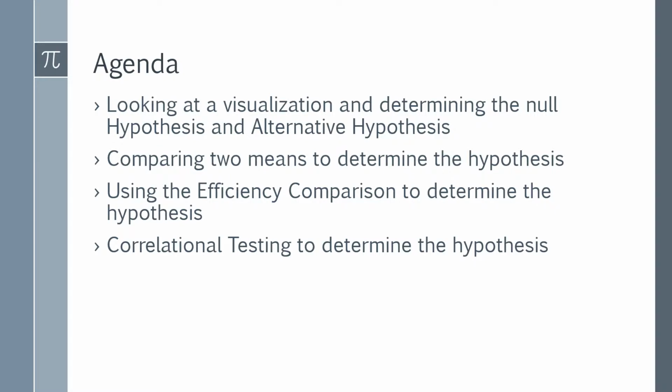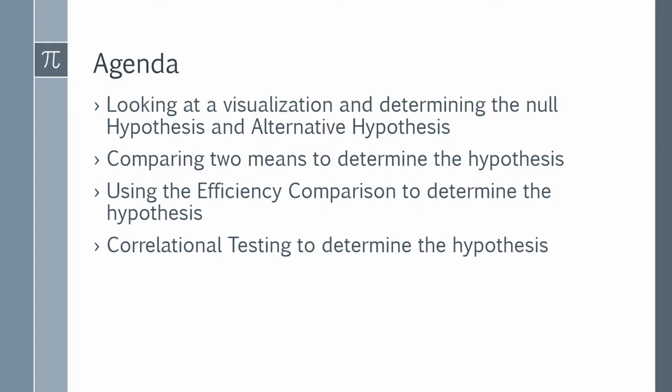Our agenda for this presentation is here in the first slide. We're going to look at the visualization and determine the null hypothesis and alternative hypothesis of that visualization. Then in slide 2, we're going to look at two means in determining the hypothesis of that visualization also.